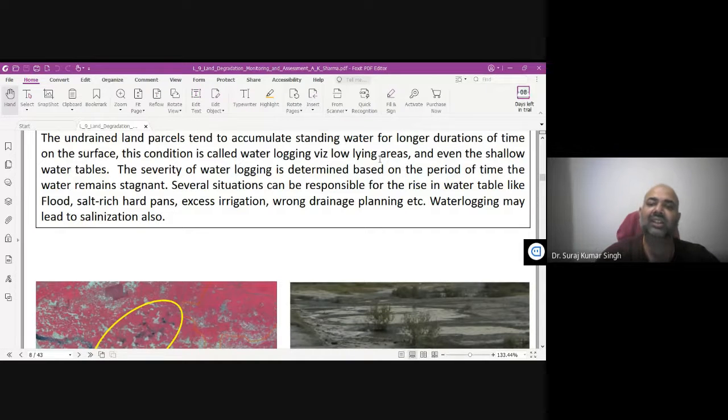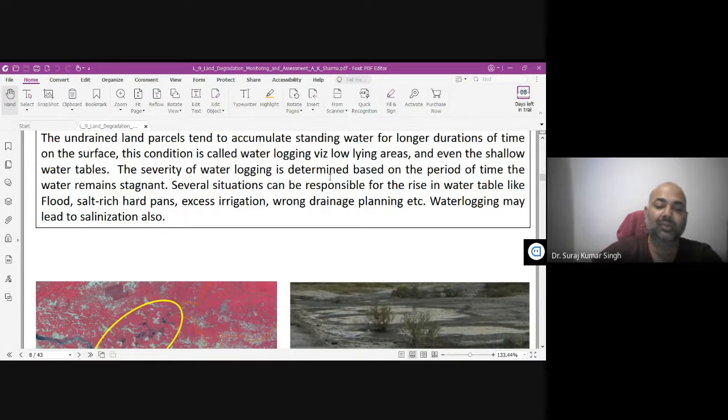Because that area has a very low slope or topography, there is no movement of the water back towards its place of origin, because the height is very high where the water is coming from. Because there is no external drainage system where the water moves away towards the outer periphery, the water tends to stay back at the area where it has flooded.